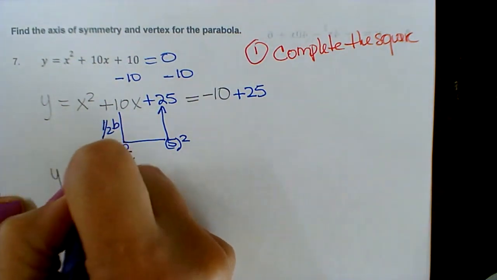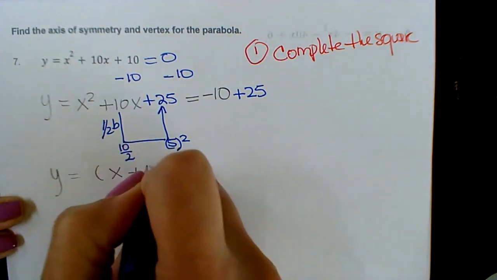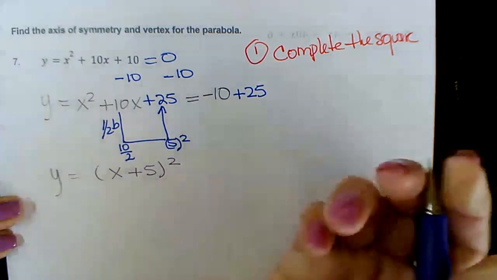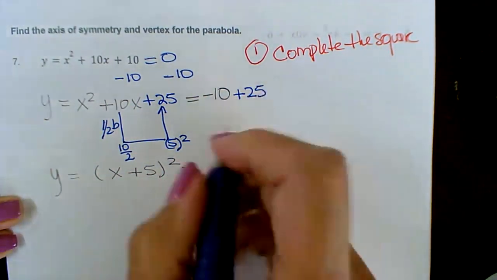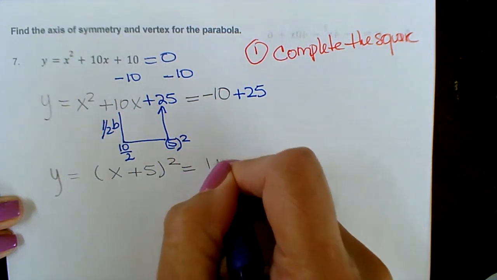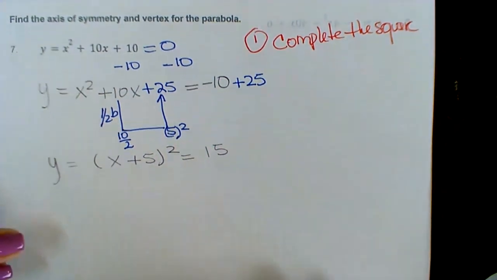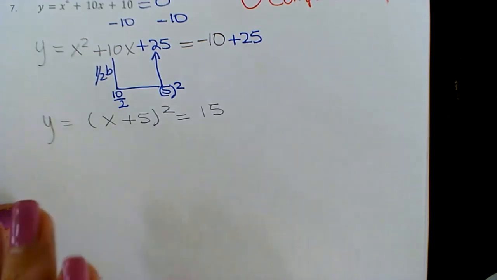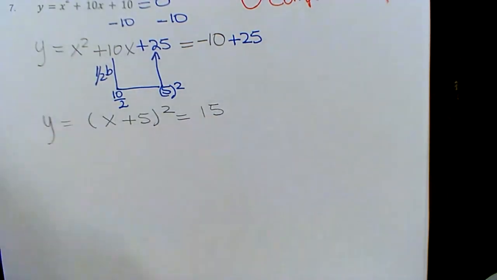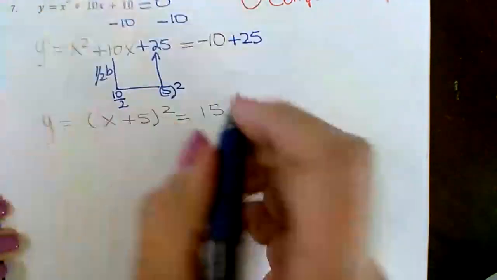So I'm going to complete the square. Negative 10 plus 25, that's 15. Now I'm subtracting 15 on both sides because I need to move it back inside. I need to find the axis of symmetry and the vertex.